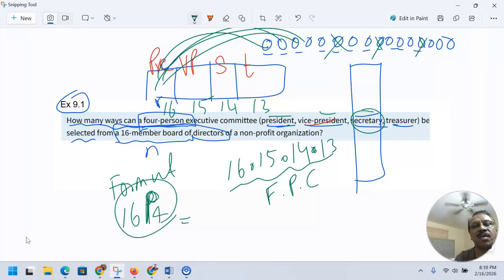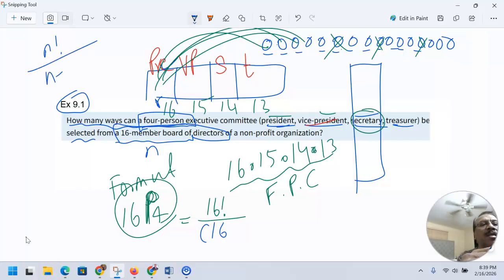Of course, using the formula, this will be 16 factorial over the bottom piece, where you have to subtract. The formula says n factorial divided by n minus r factorial, like this. So that means 16 minus 4 factorial.